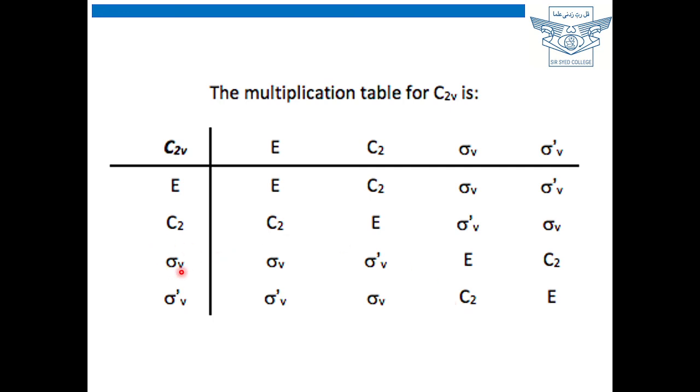And you will get sigma V times C2 as sigma V prime. I will explain how we are getting this in the next video. So just practice all these things and let me know if you have any doubts. Thank you for your attention.